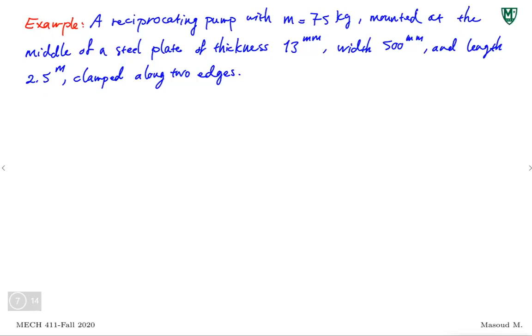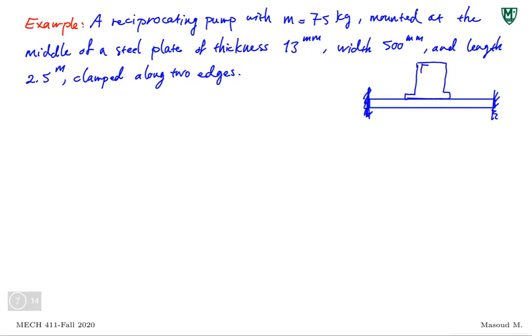So this is trying to say that we have a plate, something like this. It's clamped on both edges. I'm just looking at it from one side, obviously. We have a reciprocating pump sitting exactly in the middle. I'll try to draw the pump. This is the pump.